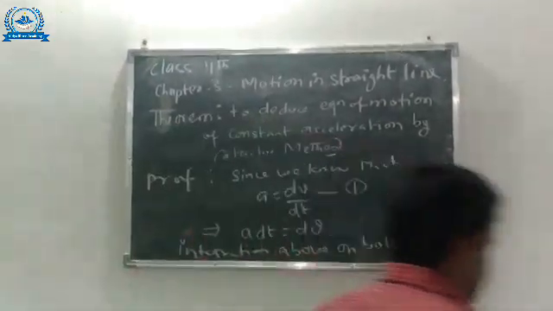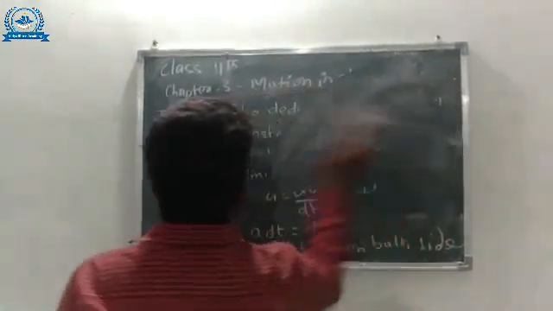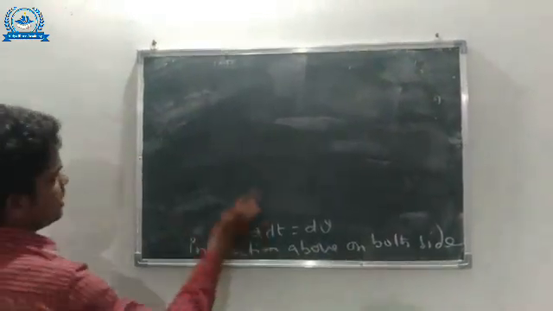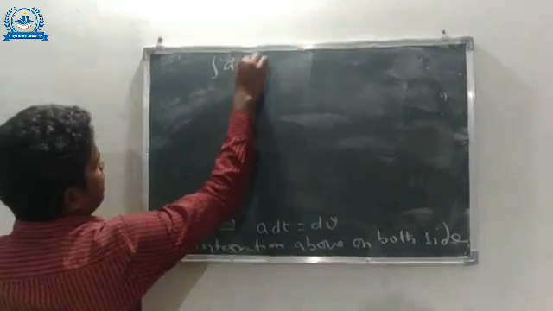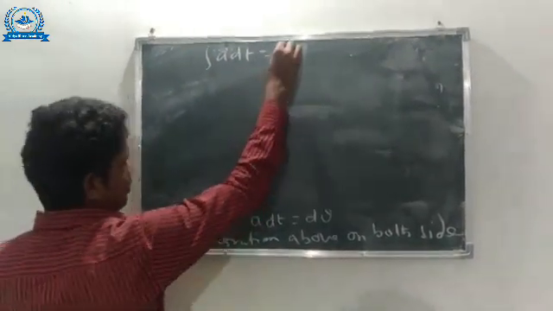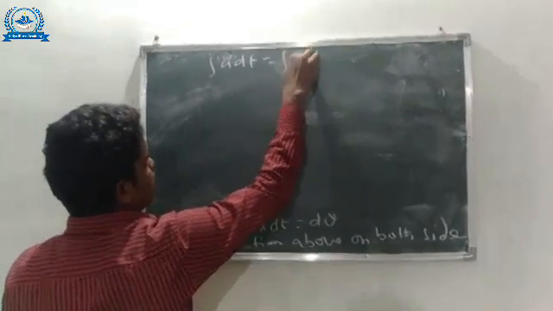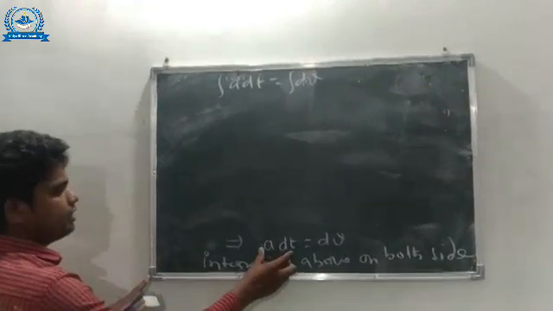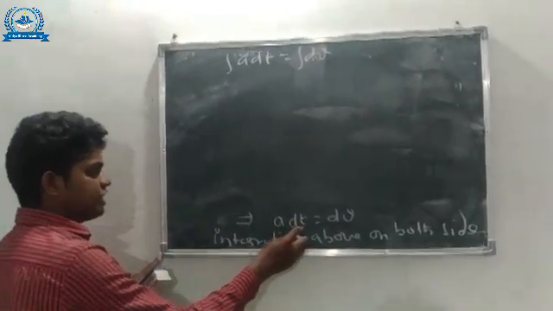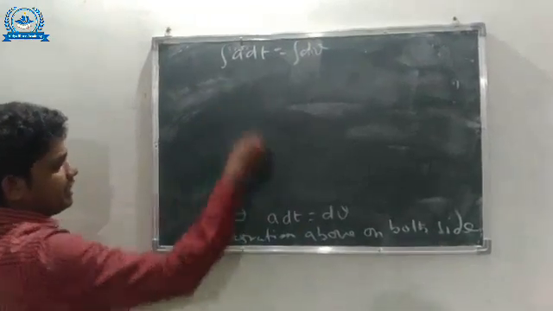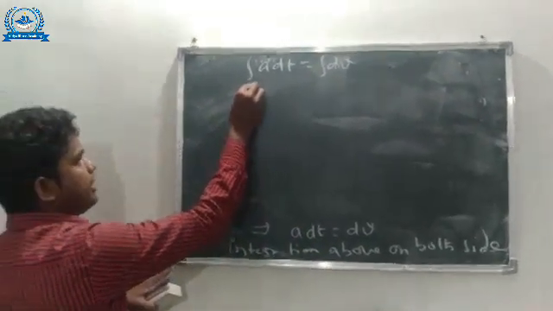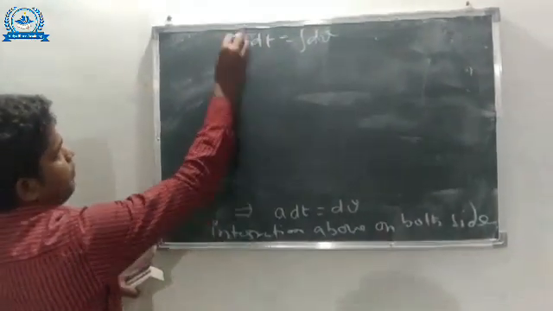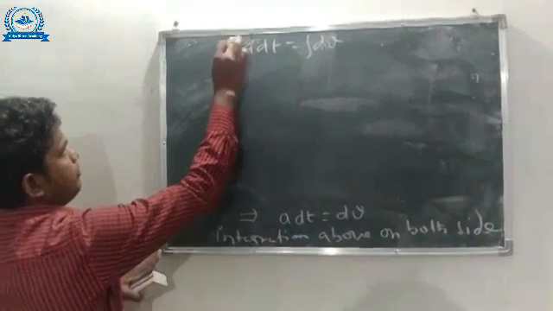Since time is changing, when we integrate, the lower limit will be time at 0 seconds and the upper limit will be just t.